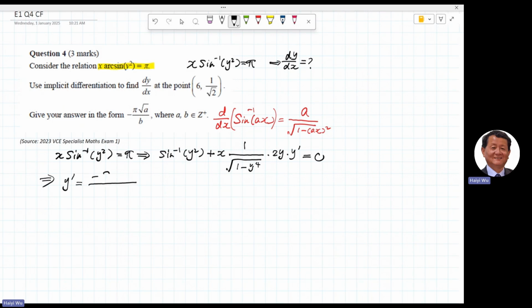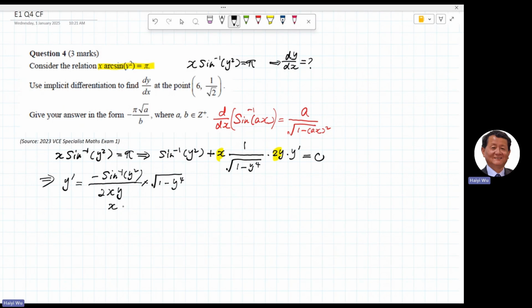First I move the negative inverse sine of y squared to the right, then divide by x times 2y, so I put 2xy underneath, then multiply to the top. So that's my dy/dx formula.